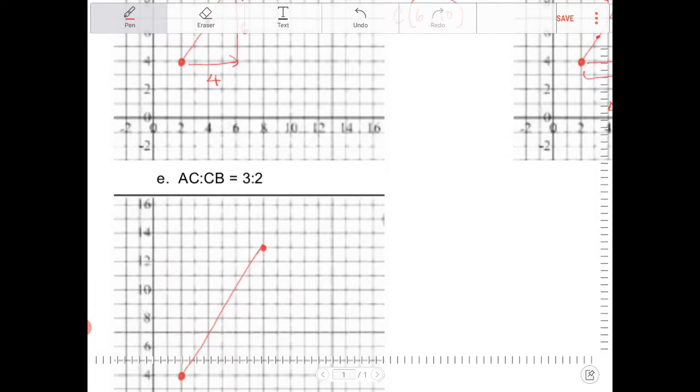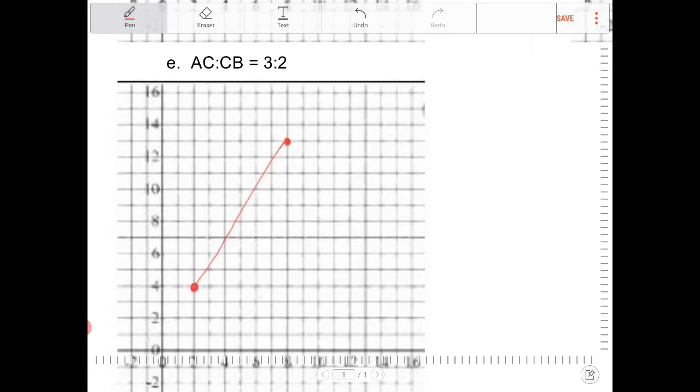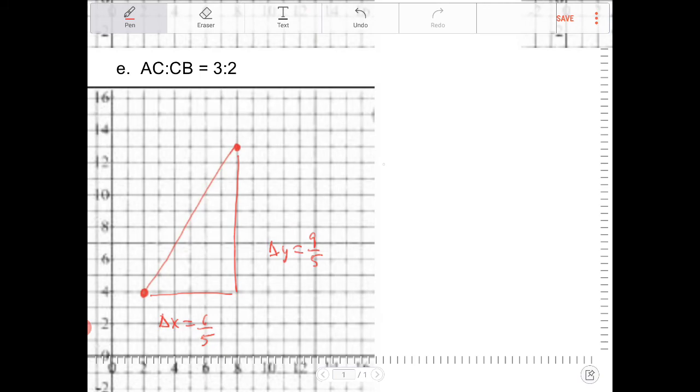All right, let's move on to the next one. I want to break it up into 3 to 2. How am I going to do that? Again, it's the same idea. Delta x is 6 fifths, and delta y is equal to 9 fifths. I want to move 3 delta x's and 3 delta y's from A. So C will be 2 plus 3 delta x, comma, 4 plus 3 delta y's.